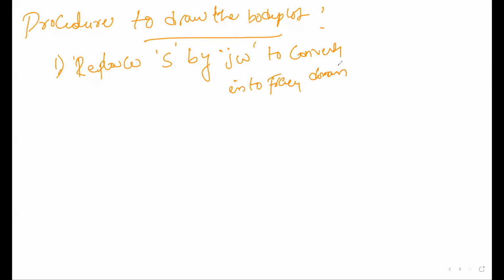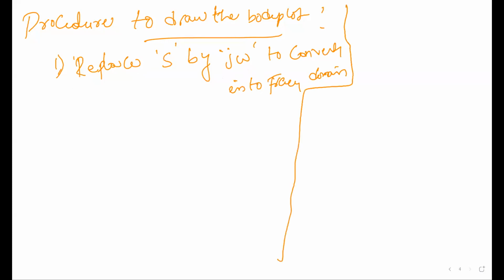You have to convert the given open loop transfer function into the frequency domain by replacing s by j omega. Is it clear? Yes, sir.